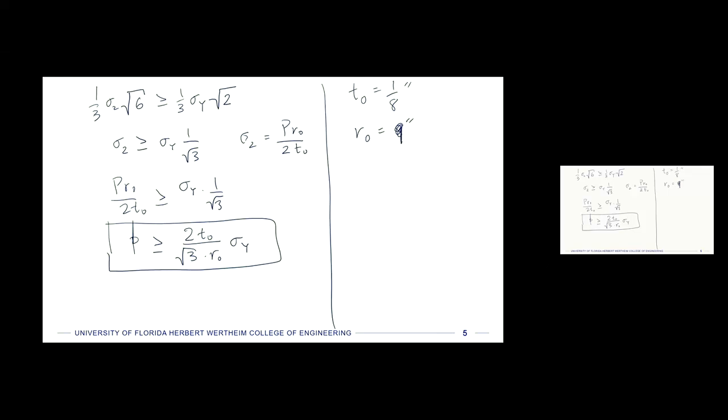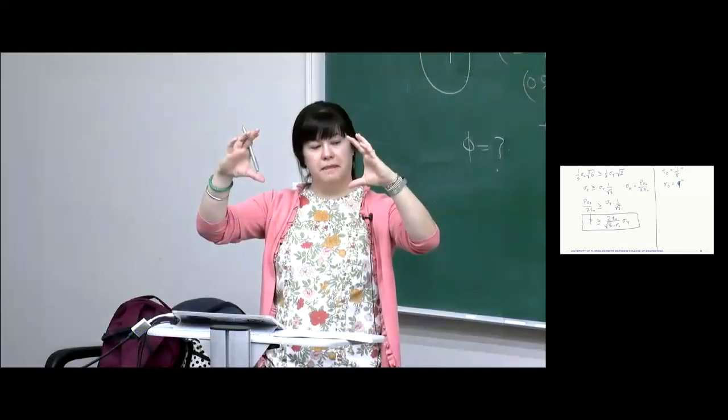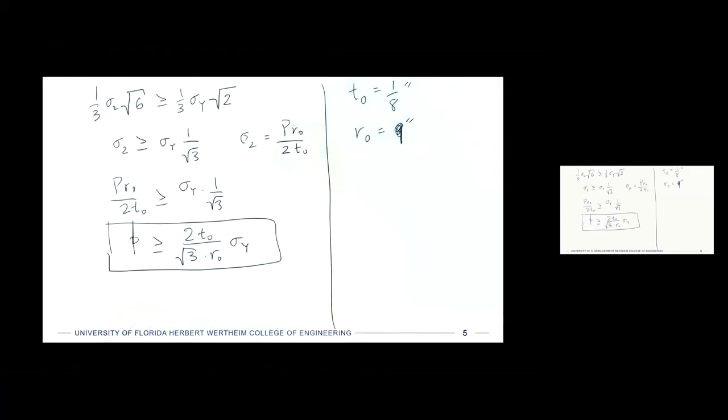So if the radius is 9 inches, diameter is 18 inches, so it's kind of like this size. And our yield stress will be 89 KSI. So if we plug all that in, we get a pressure that will have to be equal to or surpass about 1,400 PSI.